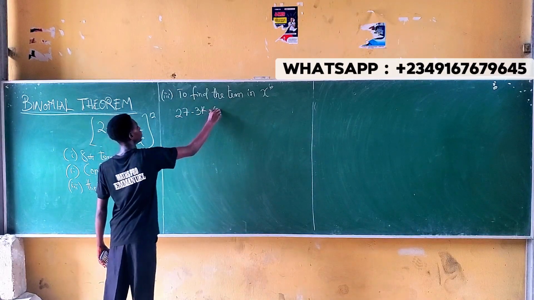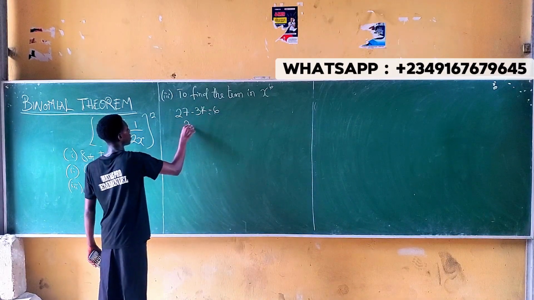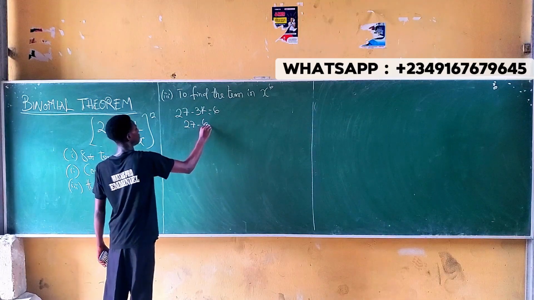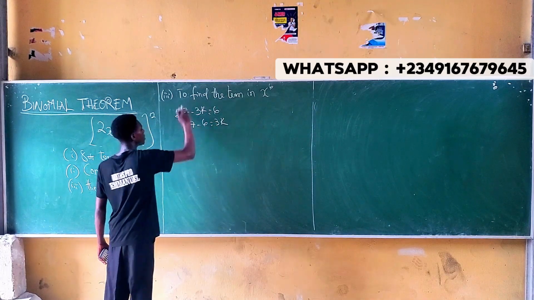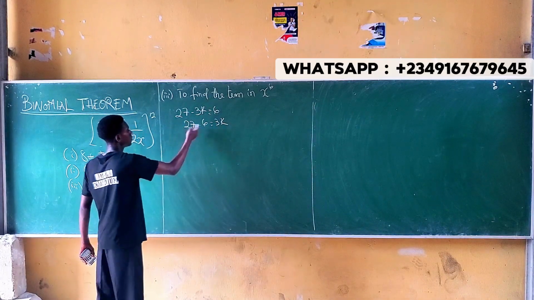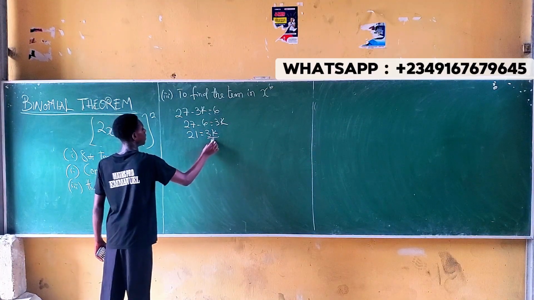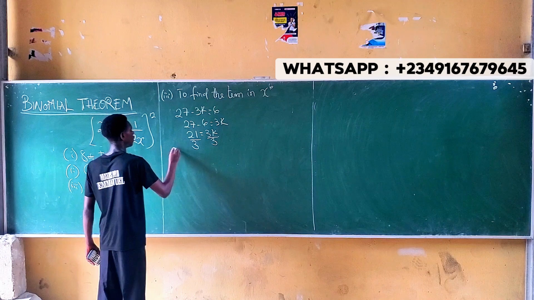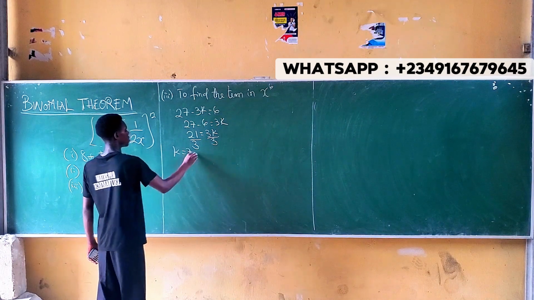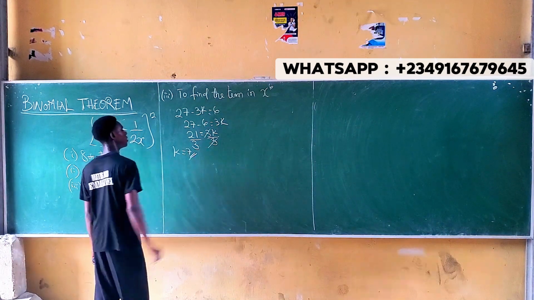So now I'll equate it to 6 and solve. 27 minus 6 will be equal to 3k. I just move this 6 here and move the 3k there. If you subtract this, you have 21 equal to 3k. Divide this by 3, divide this by 3. K will be equal to 7 because this will cancel this. K will be equal to 7.